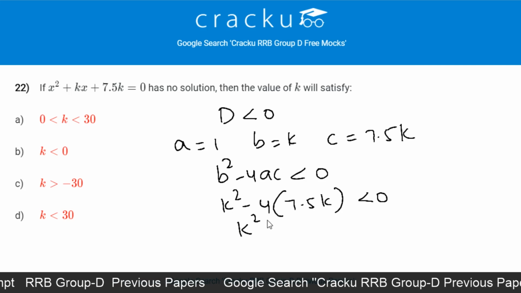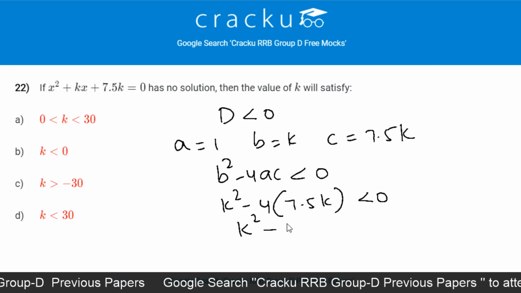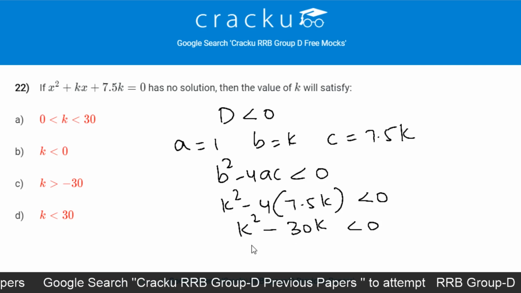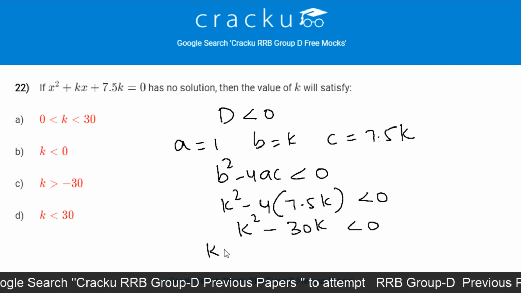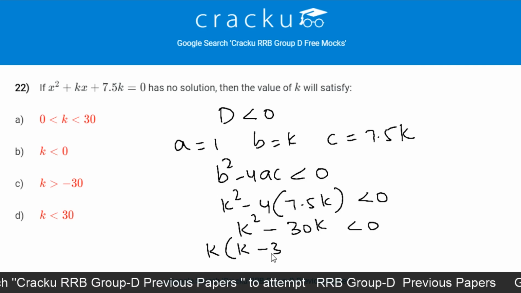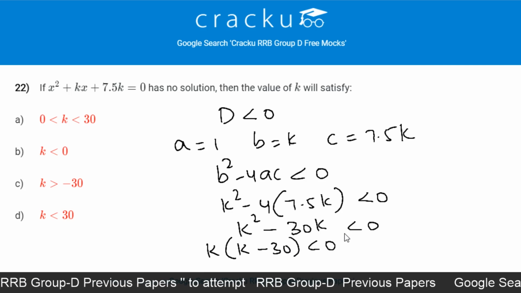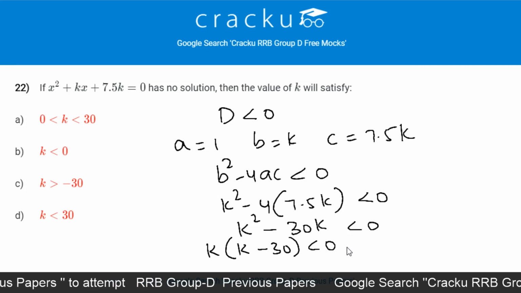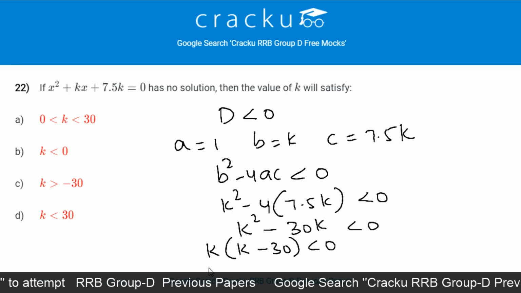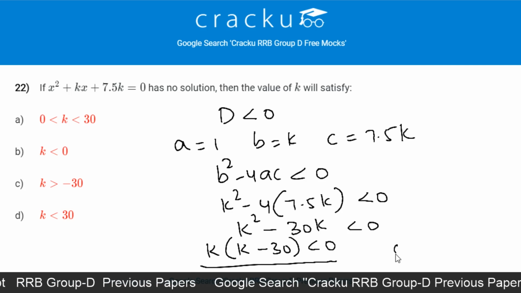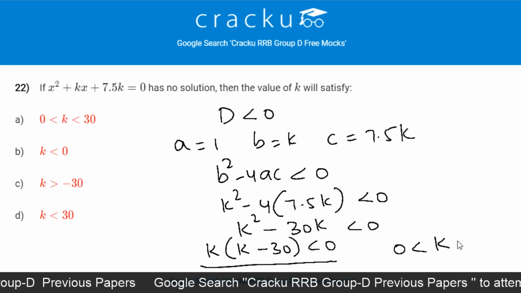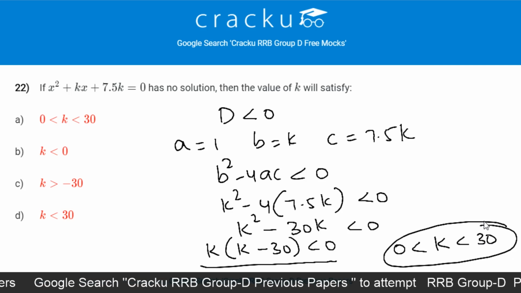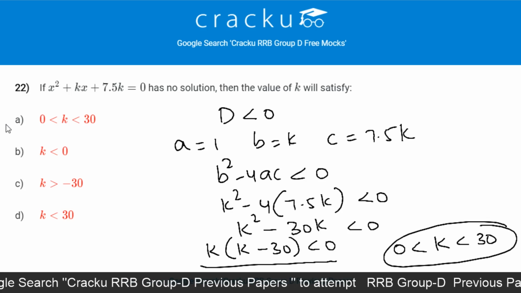That means k square minus 30k is less than 0. If you take k as common, we will get k into k minus 30 less than 0. So the solution for this is 0 less than k less than 30. So the answer for this question is option A.